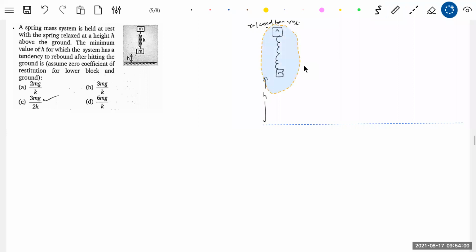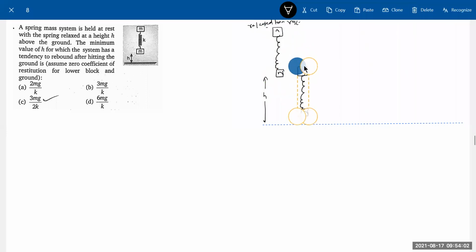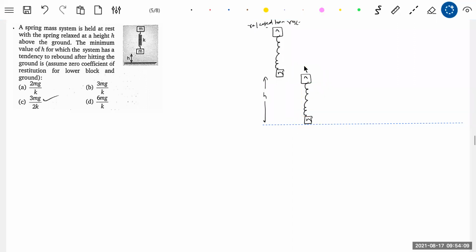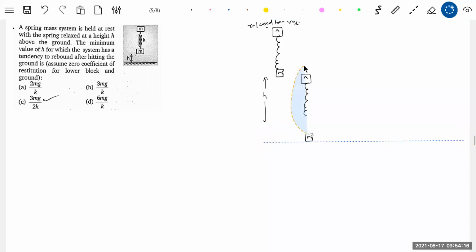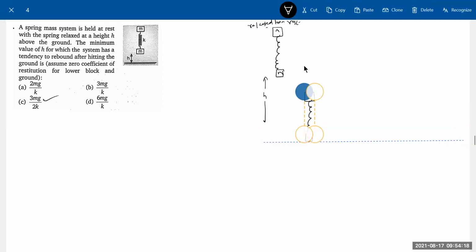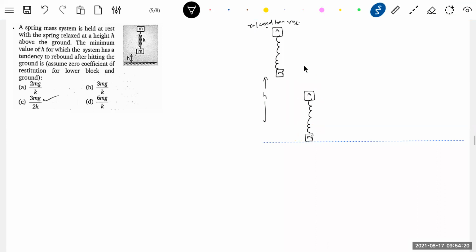Both the blocks will descend. This lower block will descend a height h. This is a reference because this is the natural length. We'll keep this as a reference for us.